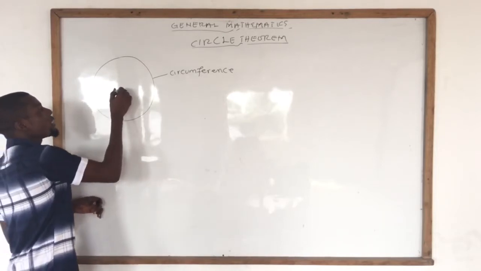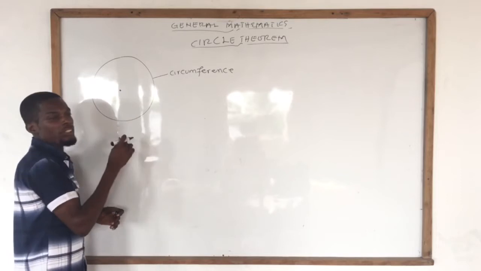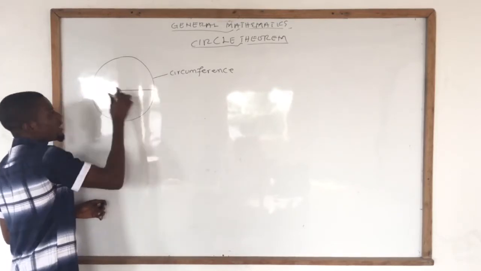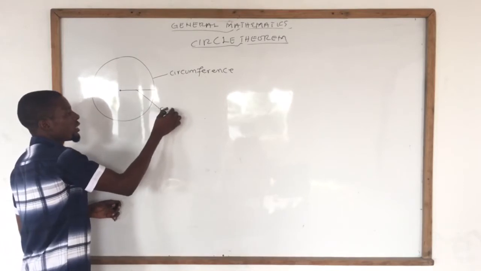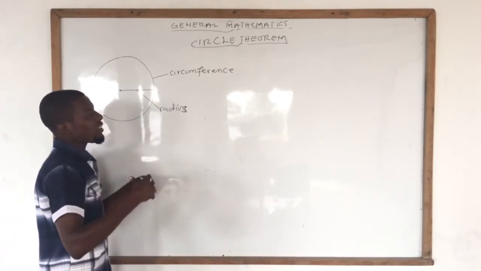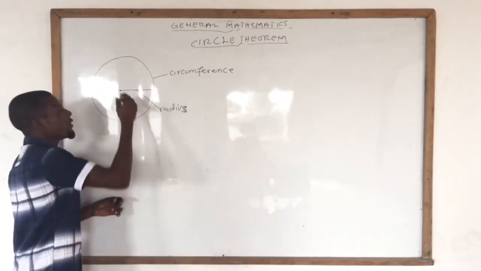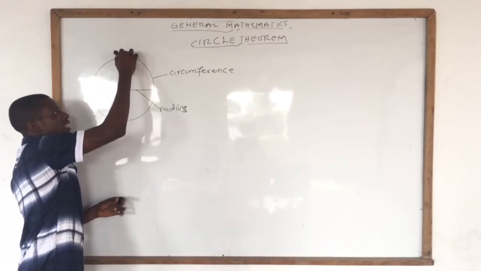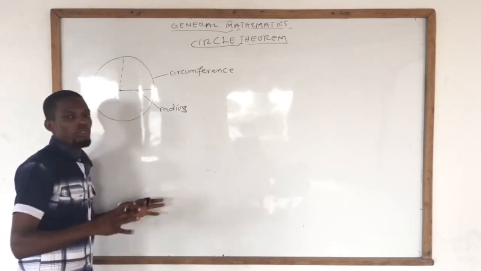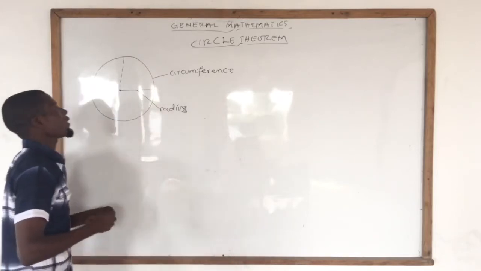Now if this is the center C, any line drawn from the center to any part of the circumference is called what? The radius. Radius is singular, so when you have more than one radius, we call it radii, right? So a radius can also be something like this. Once it starts from the center to any part of the circumference, we say it's a radius, and if it's more than one, it's radii, okay?